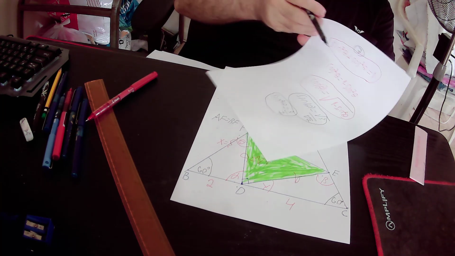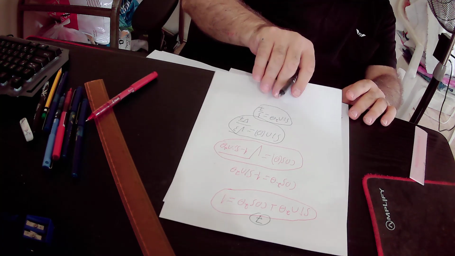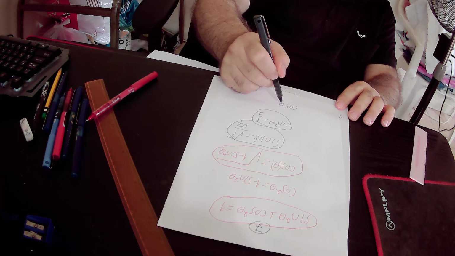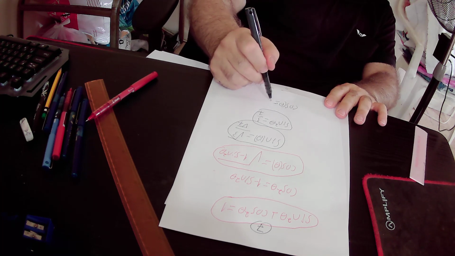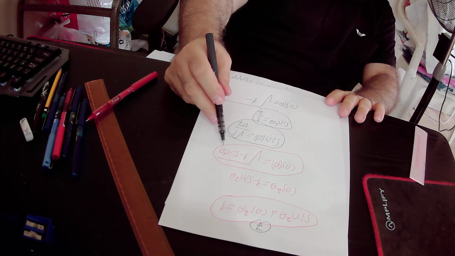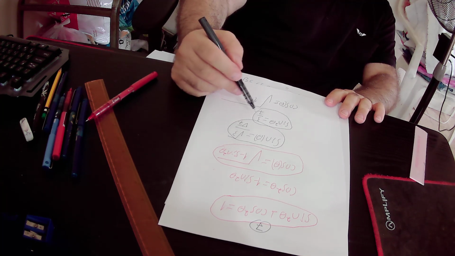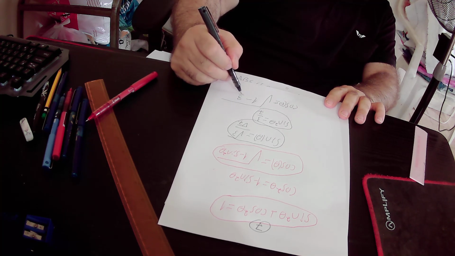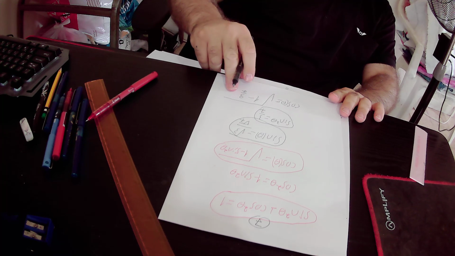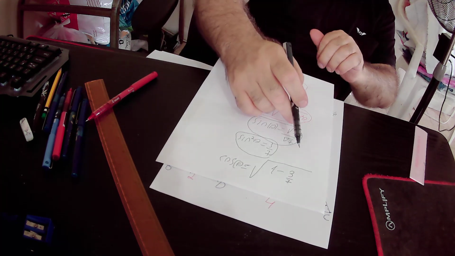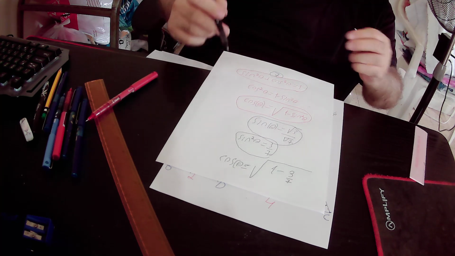Okay, and we get that the value of cosinus theta is actually the root of 1 minus sinus theta squared, and sinus theta squared equals 3/7. So we write here 3/7, and 1 minus 3/7 is 4/7.